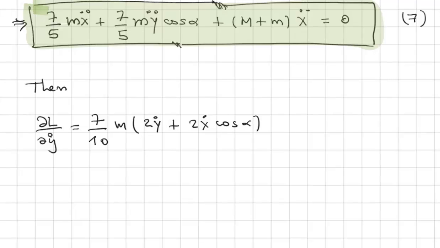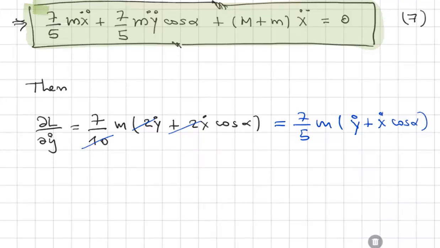We can simplify this 10 with the 2 and 2, and finally we get 7/5 of the mass times (y dot plus x dot cosine of alpha).